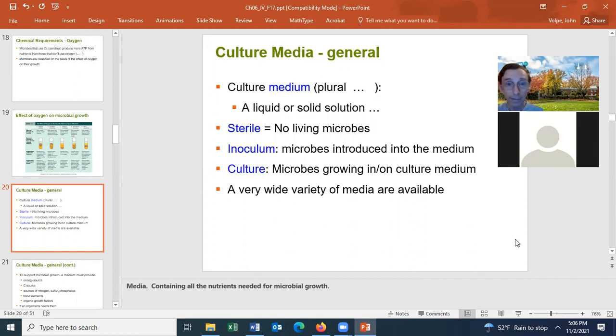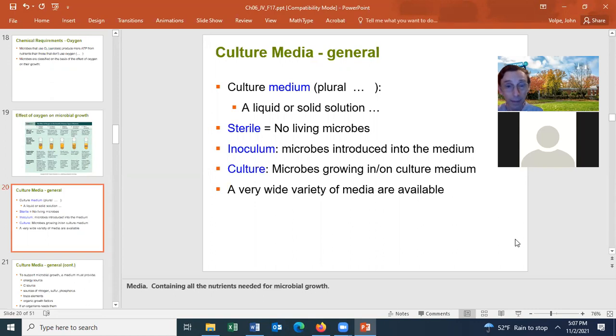It is a liquid or a solid solution containing all the nutrients needed for microbial growth. Generally, when you get them, if you were to come into the Clark lab, it would be sterile, and that means it has no living microbes in it. It is sterilized by putting it in an autoclave, and we'll talk about that in a little bit.